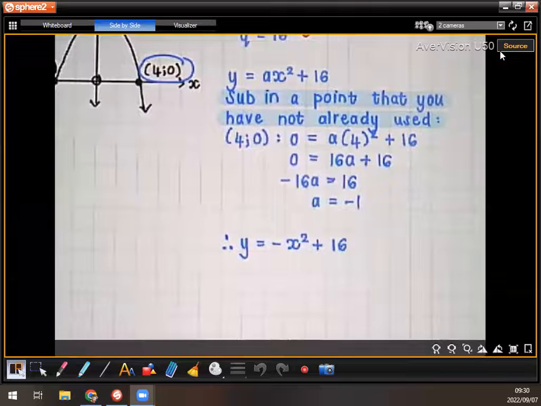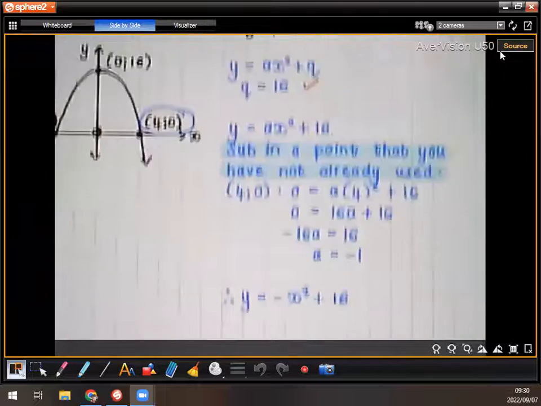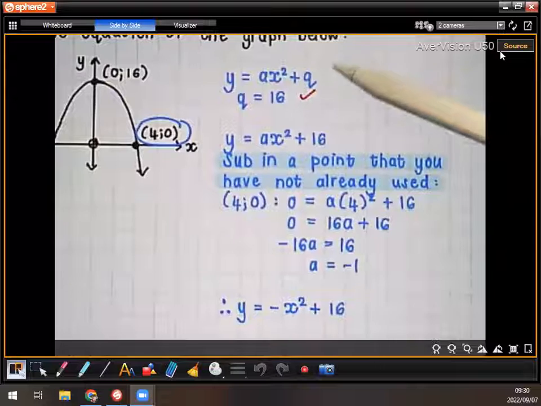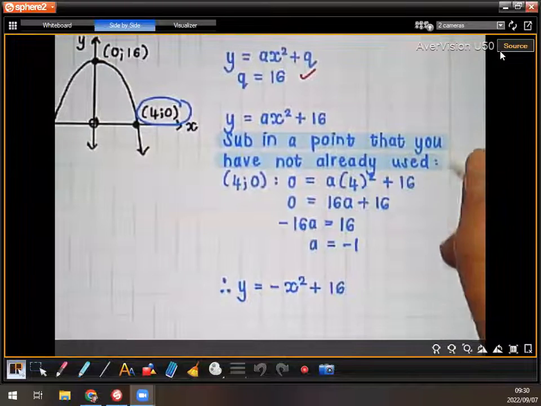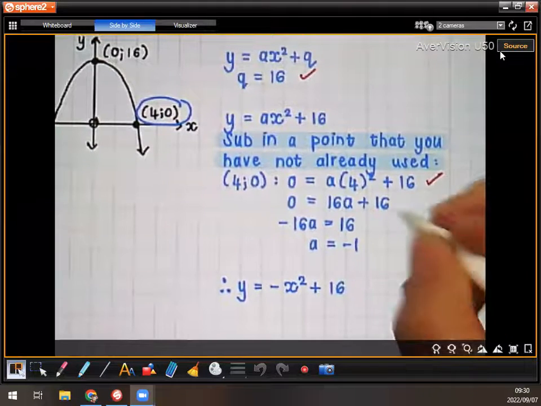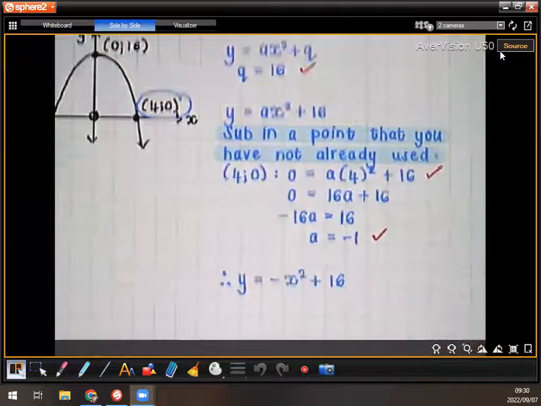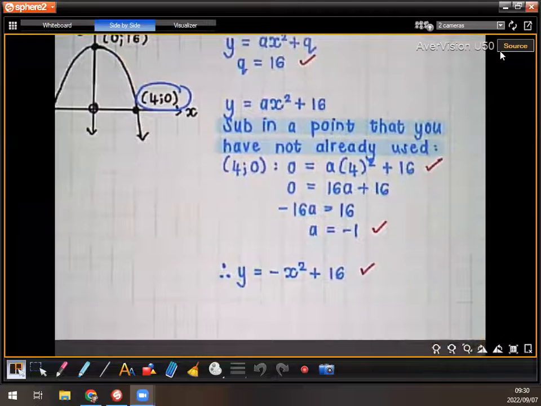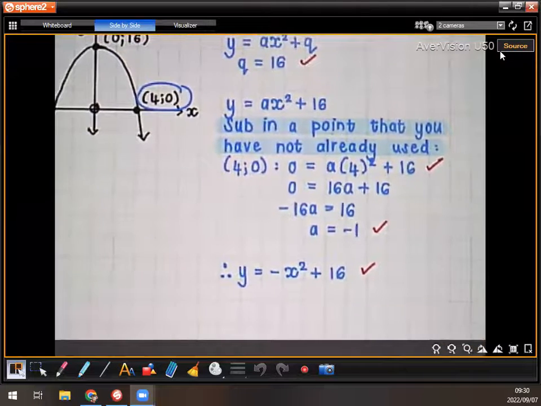I think you might have done it in grade 9 with straight lines, subbing in a point in some cases. You will get a mark for the substitution line, a mark for calculating a, and then a mark for the final answer. Okay, so that could be a 4 mark, maybe a 5 mark.